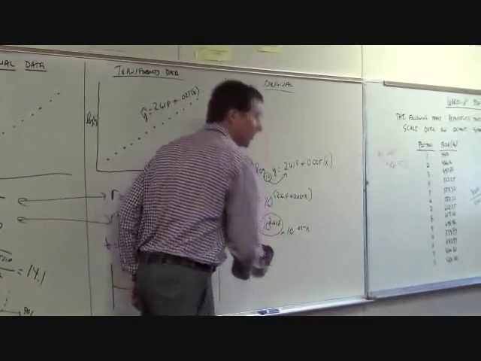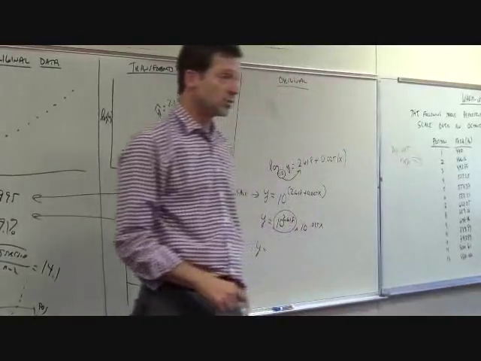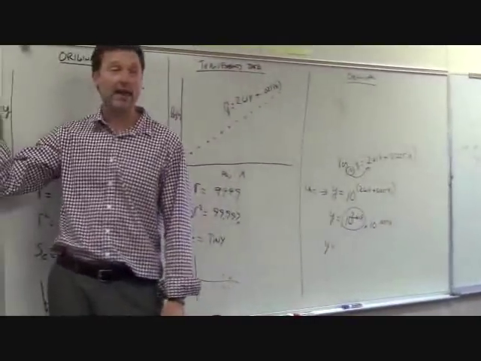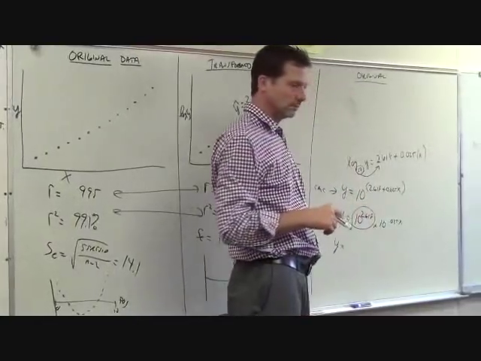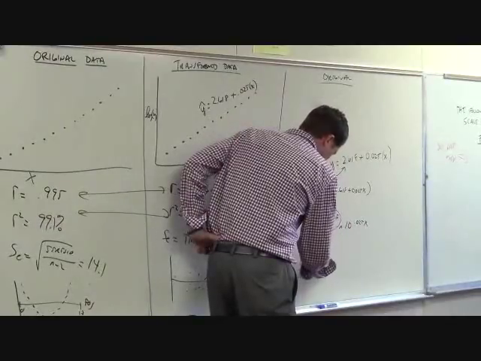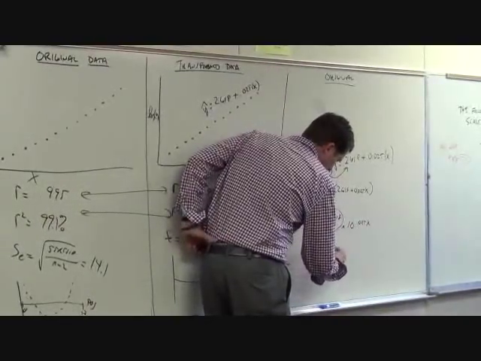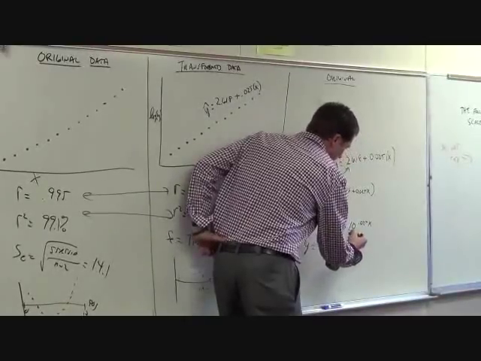This is a. Put that in your calculator: 10 to the 2.618. That represents the a in our equation. $400 something? 414.95.